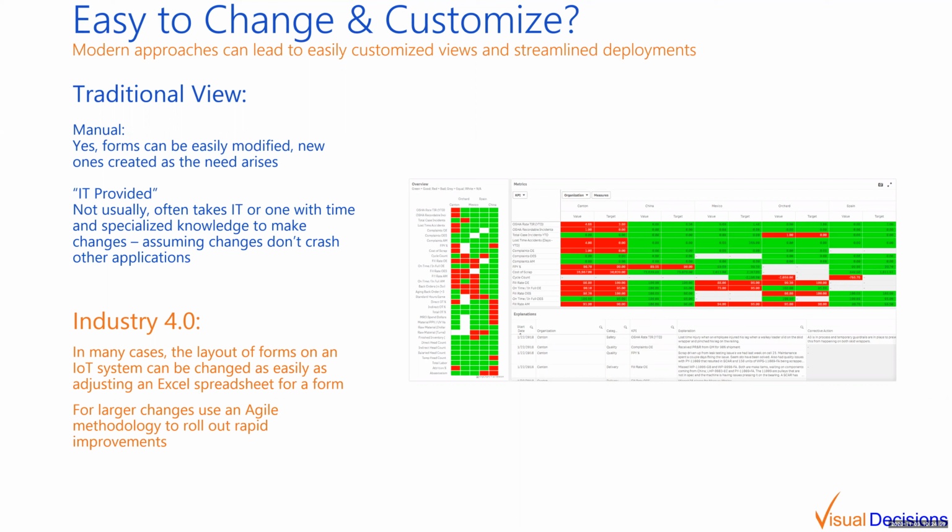And for larger changes, we recommend using an agile methodology that very closely follows Lean itself to initially develop a minimal viable product, and then use cycles of continuous improvement to roll out improvements and so forth, utilizing those same concepts to rapidly change whatever information is being displayed.